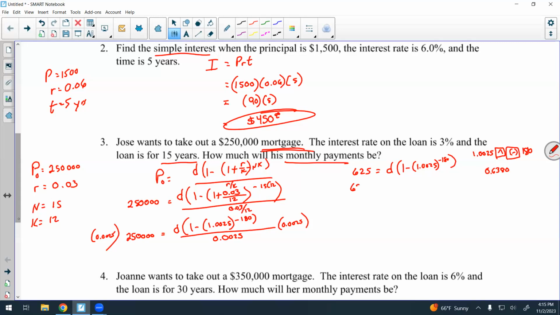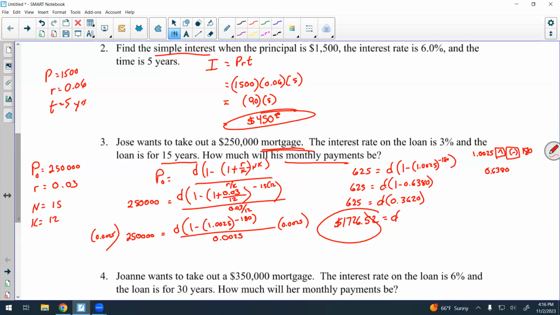So I have 625 equals D times 1 minus 0.6380. 625 equals D times 0.3620. Divide both sides by 0.3620, and I get $1,726.52.